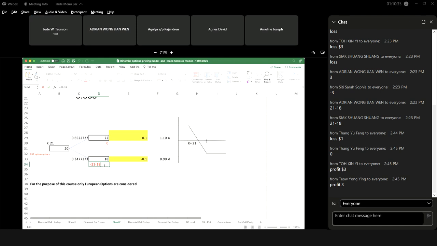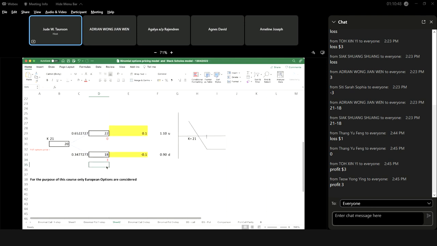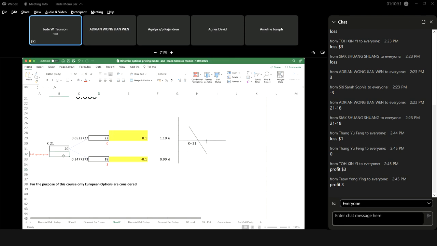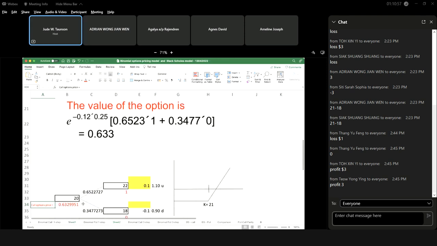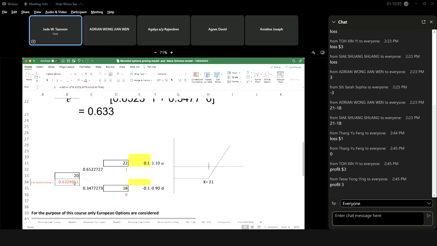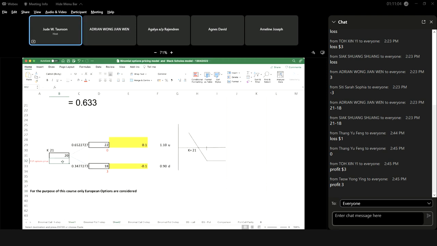So instead of selling at 18, I have the right to sell at 21. So I make a profit of 3. Correct. So now this is the objective, this is what we want to find. Very straightforward. I'm going to just copy the formula from this one. Easier. Copy the formula, put it here. So I got the answer.